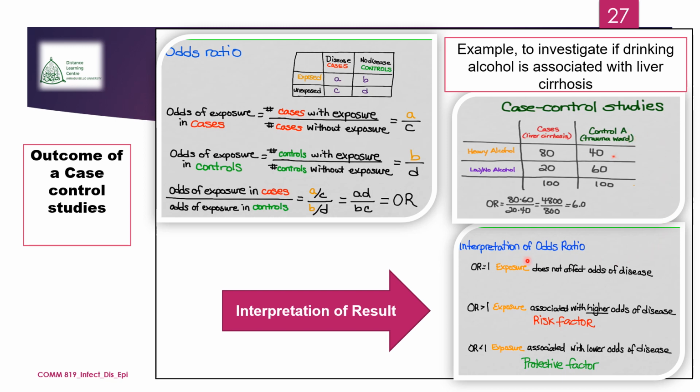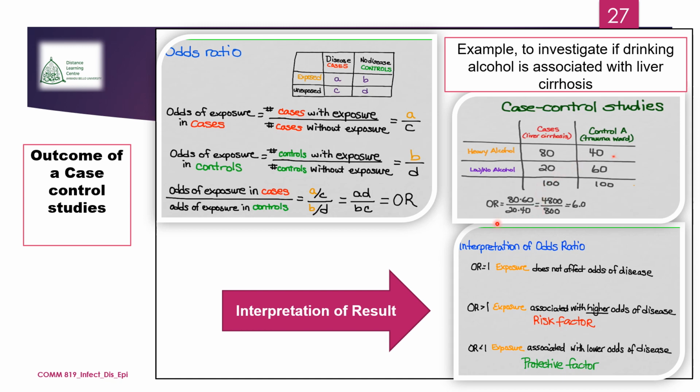The exposure, the risk factor, is heavy alcohol drinkers and low alcohol drinkers, to see whether heavy or low is associated with the disease. So you calculate your odds of exposure in cases, which is 80/20, then odds of exposure in control, which is 40/60.